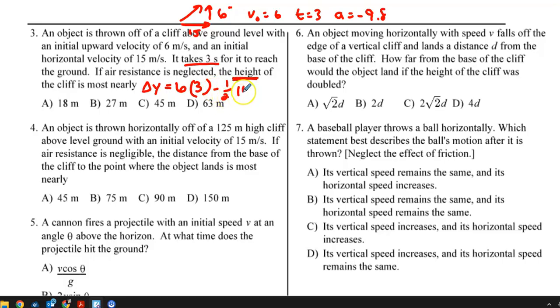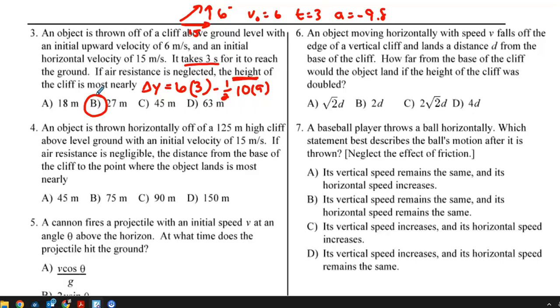I'm just going to call g 10 here, times 3 squared, and 3 squared is 9. So 10 times 9 is 90. Half of that is 45. 18 minus 45 gives us negative 27. That just means we're below where we started, but that also corresponds to a height, because that's what they're asking. What is the height? And that is 27 meters.